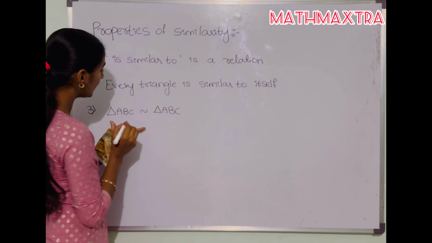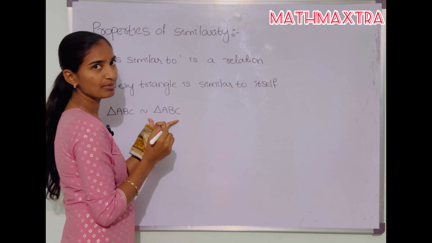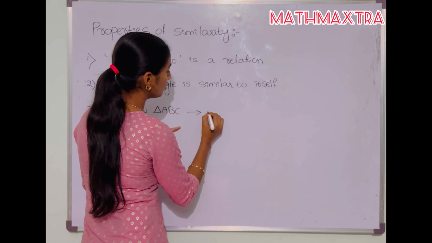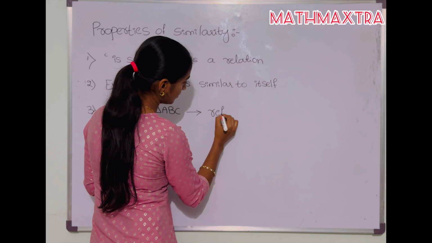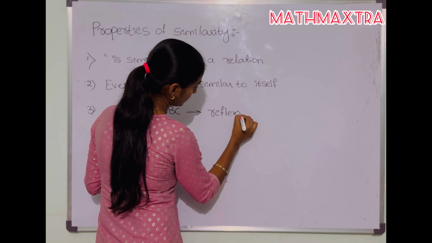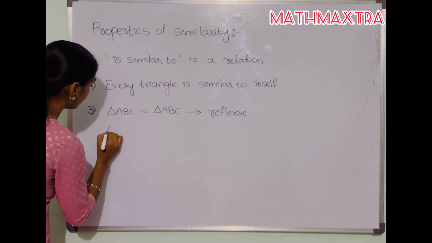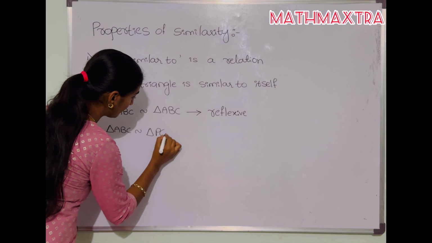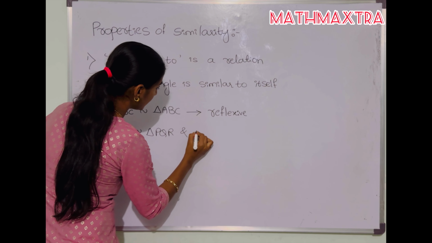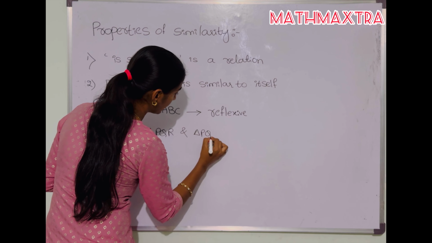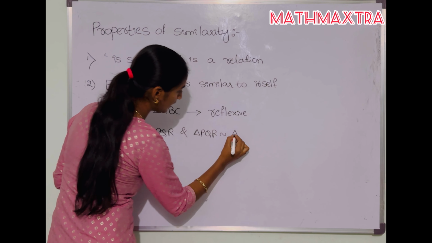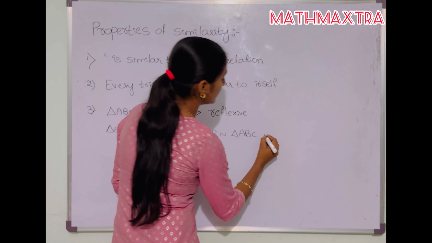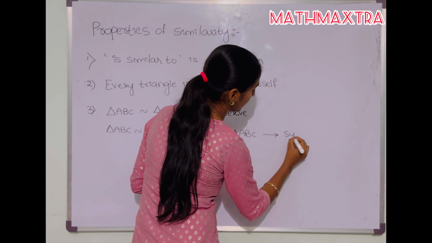If triangle ABC is similar to triangle ABC, we call this property the reflexive property. If triangle ABC is similar to triangle PQR and triangle PQR is similar to triangle ABC, we call this the symmetric property.